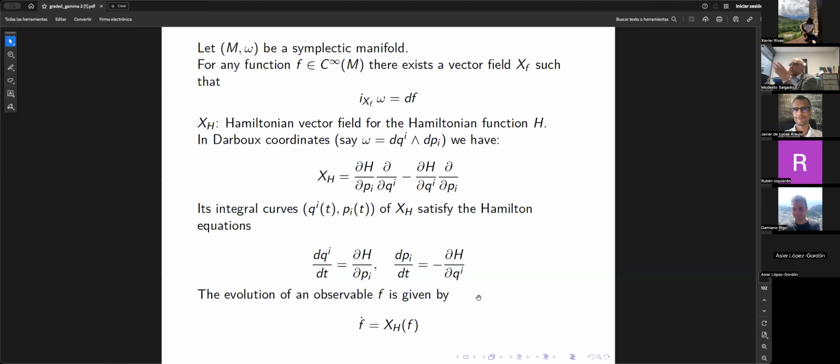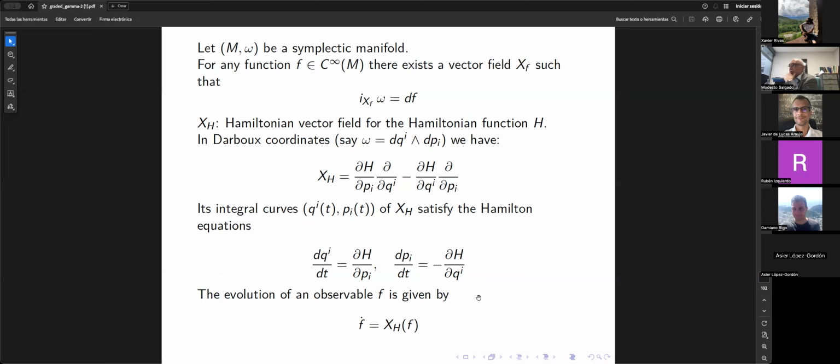mechanics. You have a symplectic manifold M with a symplectic form omega. For any function f, one has the Hamiltonian vector field X_f, defined just by contracting the symplectic form with the vector field, and this is the differential of f. If you take the Hamiltonian vector field for the Hamiltonian function h, we can consider Darboux coordinates, and then this is the expression of the Hamiltonian vector field.